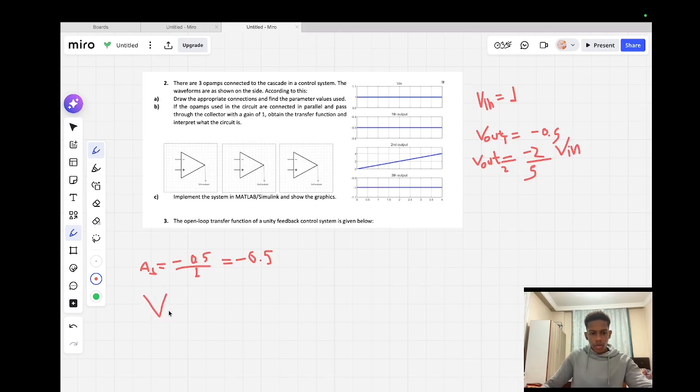So the Vout equals minus 1 over RC multiplied with the integration from 0 to 4 of Vin dt.